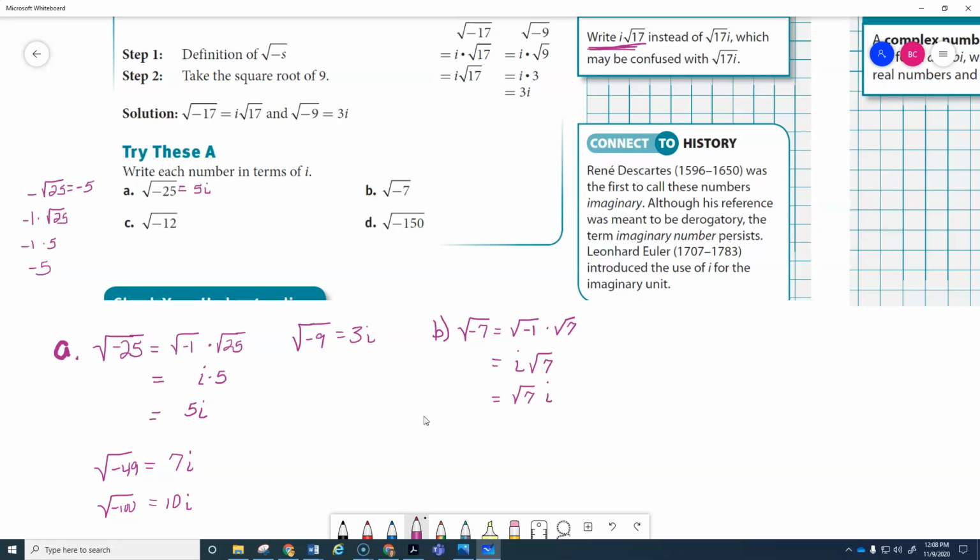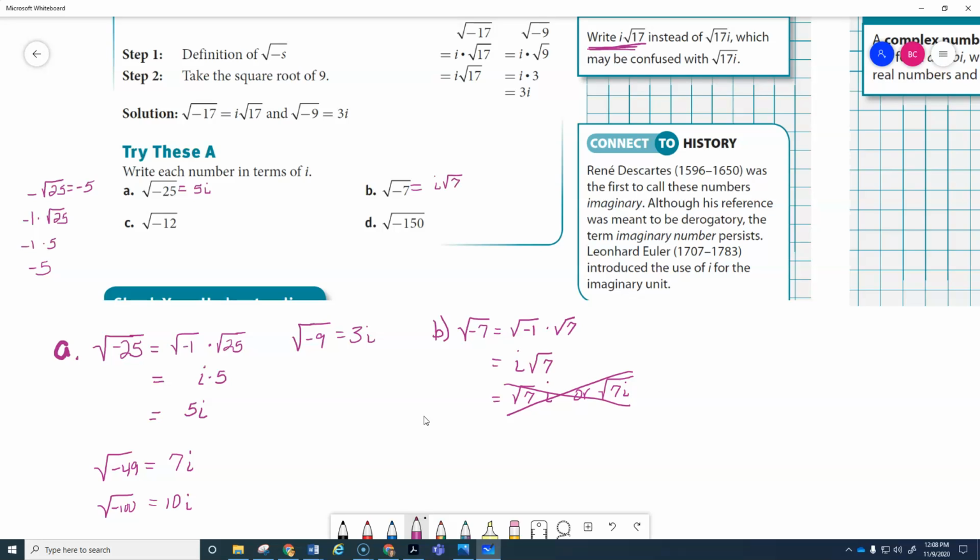If we put it back here, sometimes it's confused with, is it the square root of 7 times i, or is it the square root of 7i? Is the i already underneath there with it? So to avoid this confusion, anytime we use radical signs, we put the i in front. Every other time we put the i in back. So like here they put the square root of negative 9 is 3i. So that became i square root of 7.